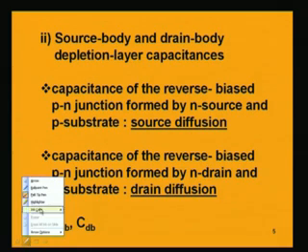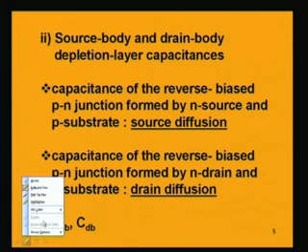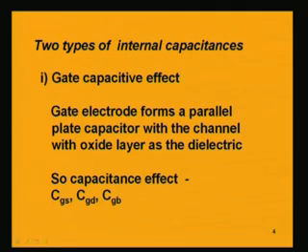Now, these capacitances we will have to incorporate into the model which we have earlier derived. The three capacitances which are coming because of the gate are due to the gate electrode forming a parallel plate capacitor with the channel, having the oxide layer, silicon dioxide, in between them.